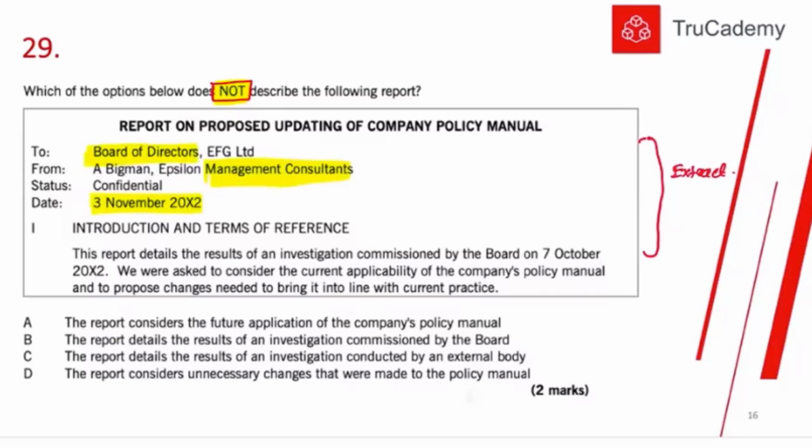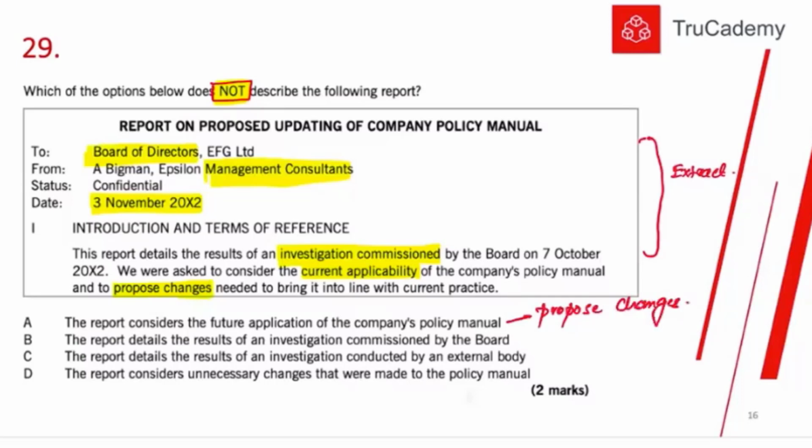An investigation was commissioned on 7th October by the board, and these management consultants were asked to consider the current applicability of the company policy manual and then propose changes that are needed. So number 1, the report considers the future application of the company's policy manual. Yes, as they are proposing some changes, this will definitely be right.